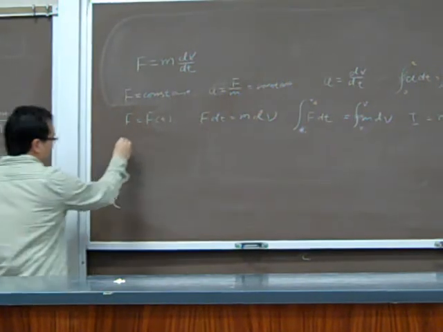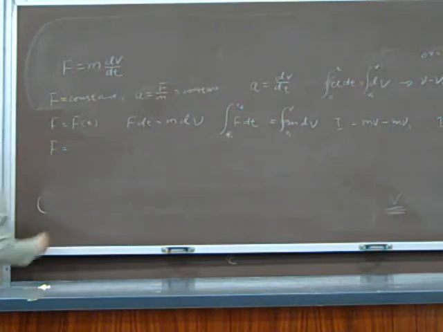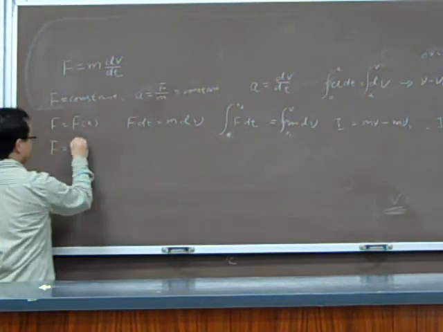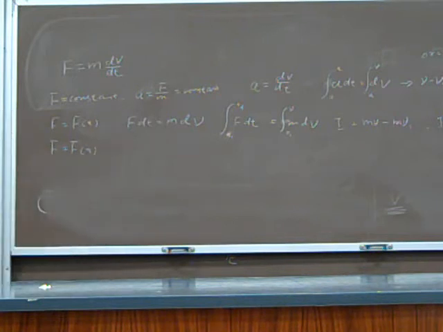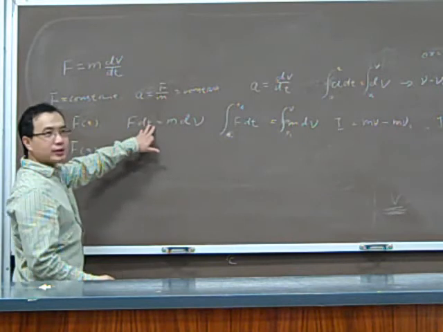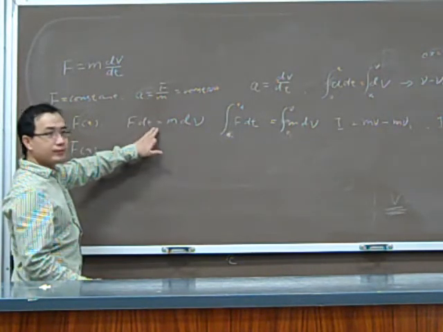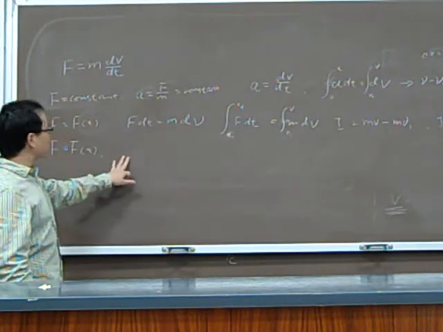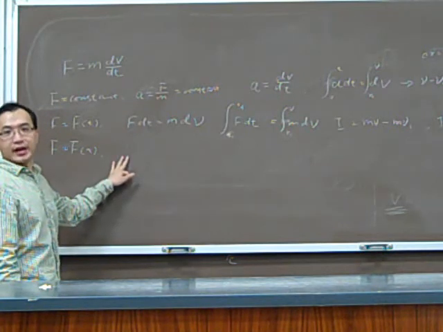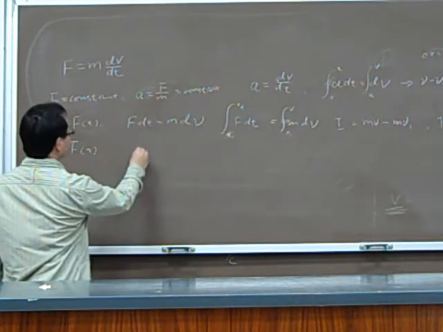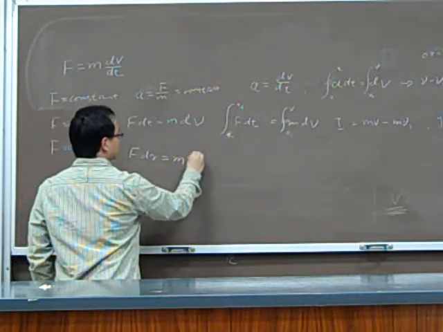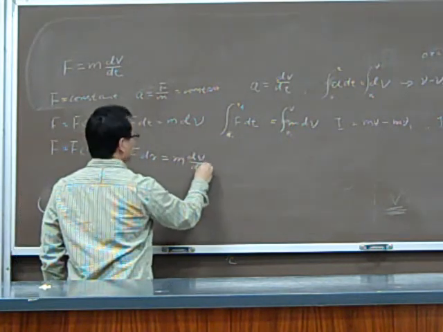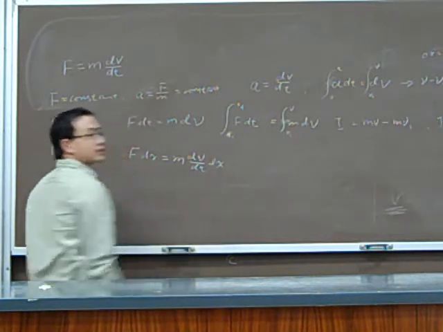And now, if F is a function of the position, how can we integrate that equation? Here we have to multiply both sides by dx. So we get F dx = m (dv/dt) dx.